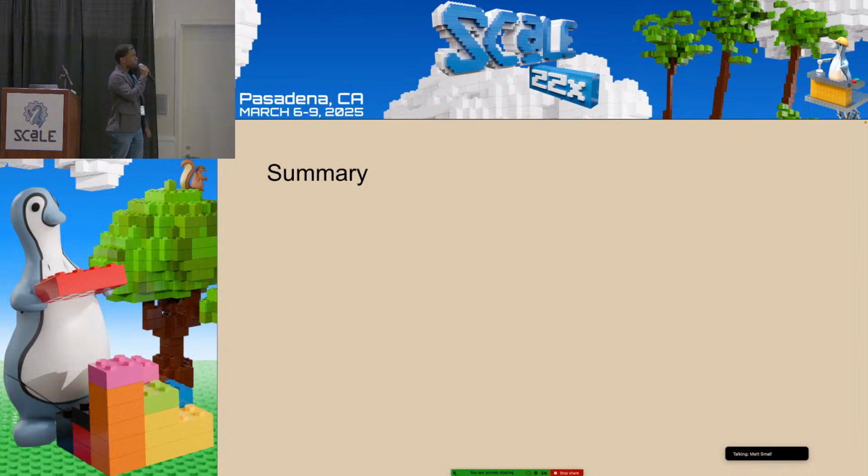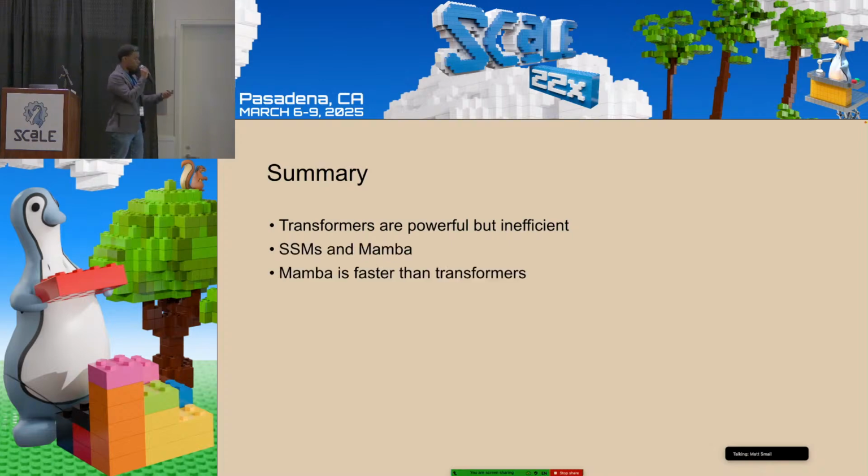To wrap things up, we talked about transformers and why, despite being very powerful, they're computationally inefficient. We talked about state space models and Mamba and how they provide an alternative way to process information while keeping things very efficient. We talked about some benchmarks, some experimental results that showed that Mamba is faster than transformers in certain tasks.